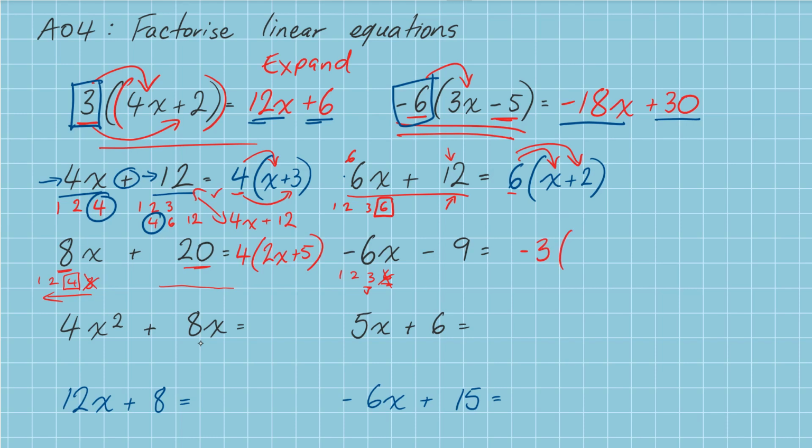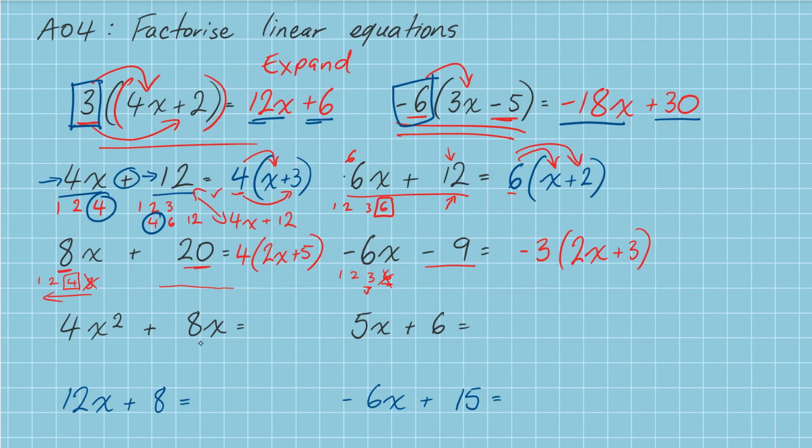Minus 6 divided by minus 3 is going to leave me with just 2, so that's 2x. And minus 9 divided by minus 3 is going to be just plus 3. So there we go. Now remember, if you're dividing a negative by a negative, you end up with a positive answer.